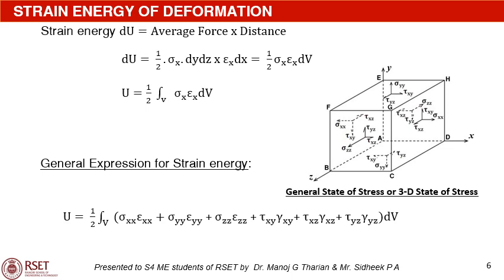Now, in the case of a body which has all the 6 stress components present, the general expression for the strain energy is given by U is equal to half into integral over the volume V of sigma x into epsilon x plus sigma y into epsilon y plus sigma z into epsilon z plus tau xy into gamma xy plus tau xz into gamma xz plus tau yz into gamma yz, into dV, where V is the volume of the structure. So this is the most general expression for strain energy.